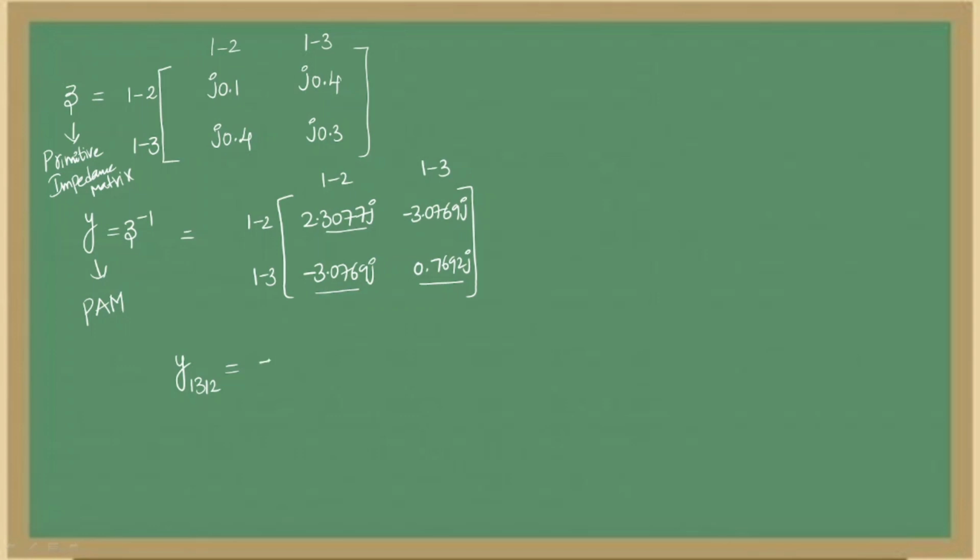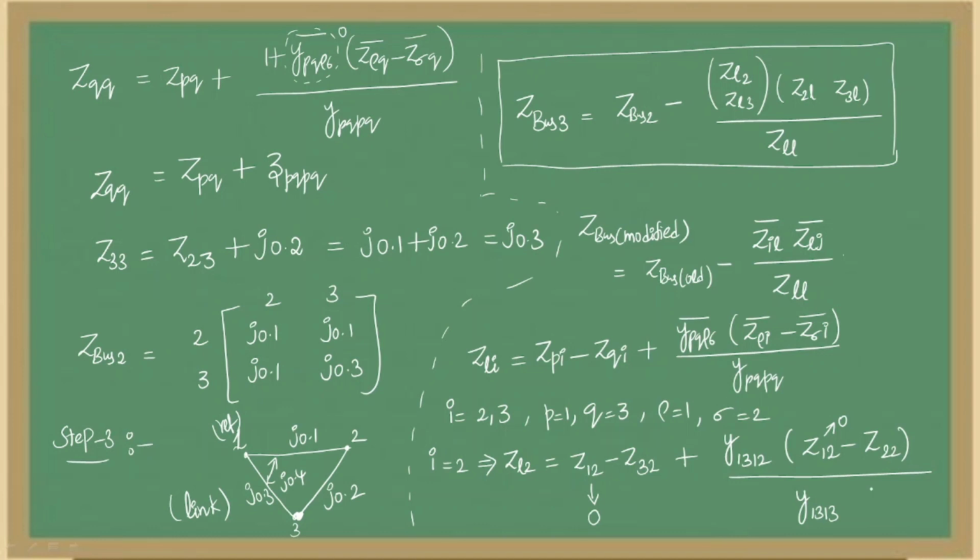This value, so it is minus 3.0769J, and from the same matrix I can obtain y1313. This is the self admittance of the added element. So y1313 is 0.7692J. Okay, now we got all the elements in this equation.